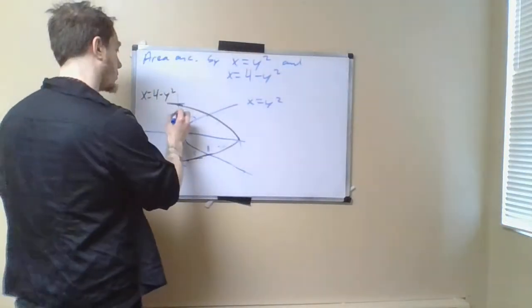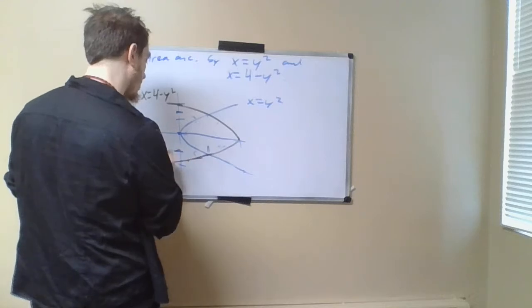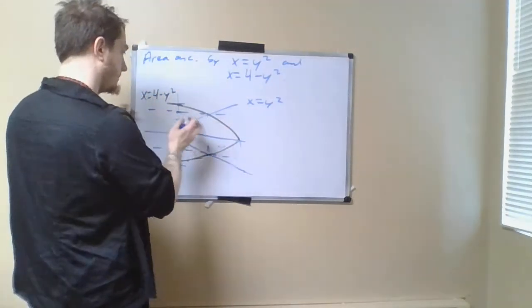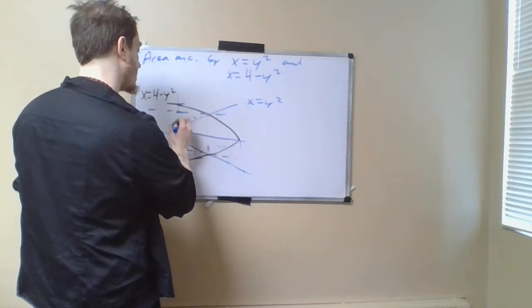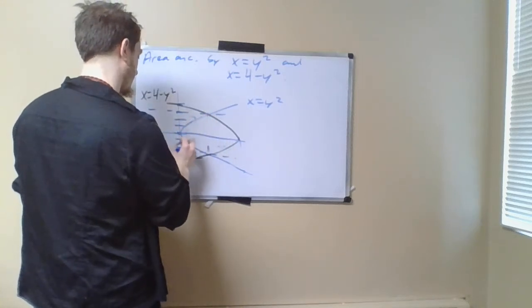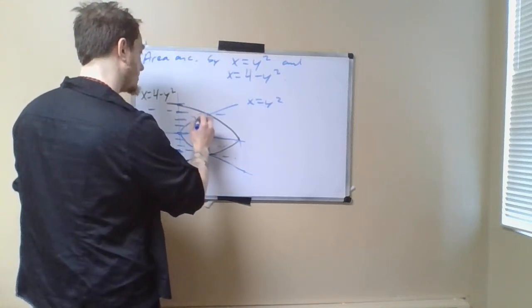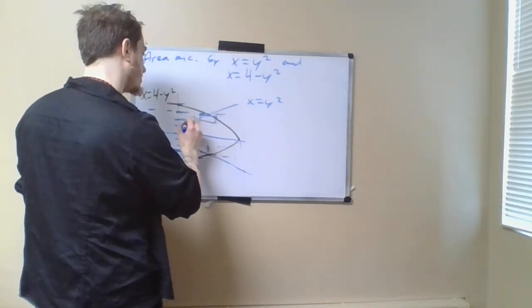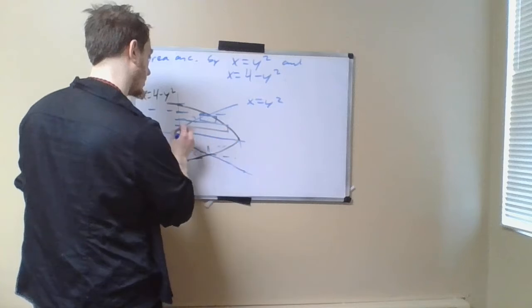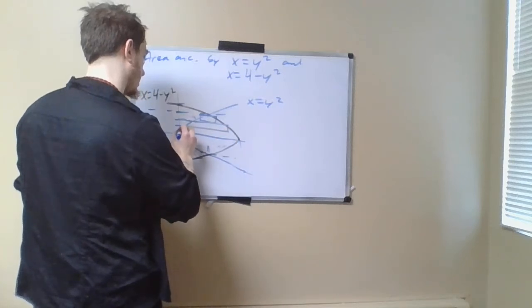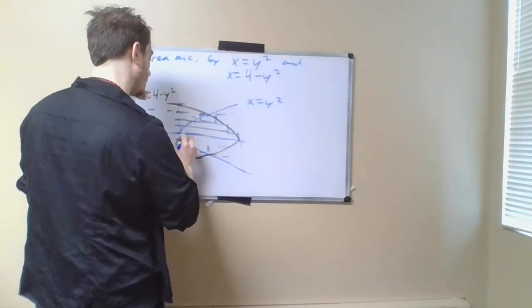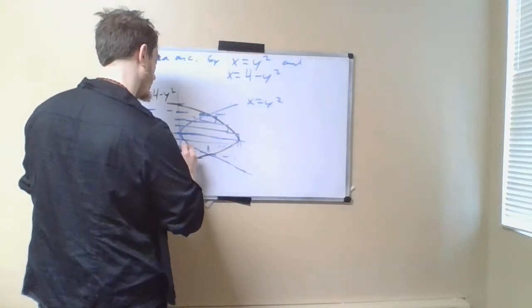In other words, what if I break up this vertical strip into pieces, and on each one of these pieces, I approximate with a horizontal rectangle. Well, when I do that, I'm going to get another Riemann sum.